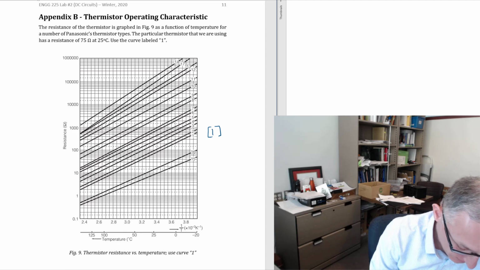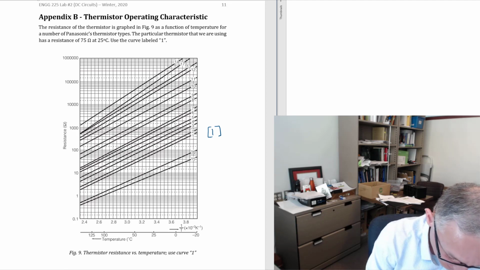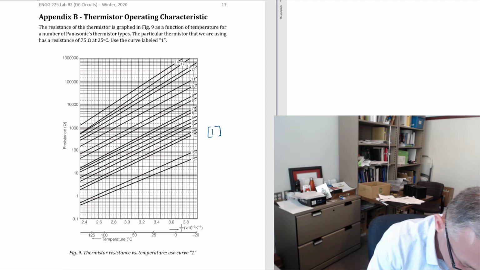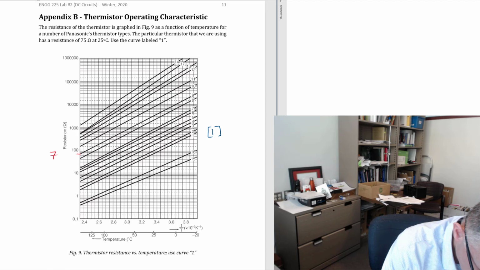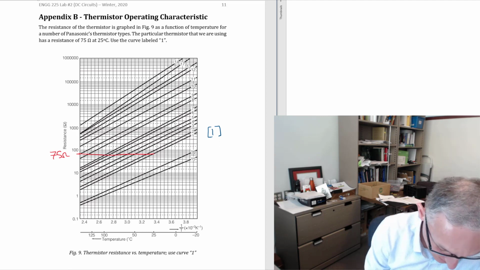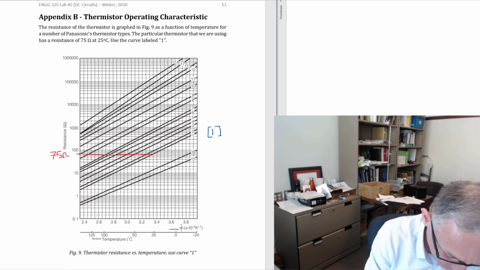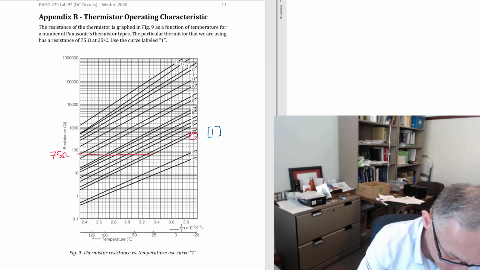Let's say we got 75, so let's say 75 ohms is right about here. Then we're going to come across and hit this line right here. Okay, perfect, we're hitting line 1.